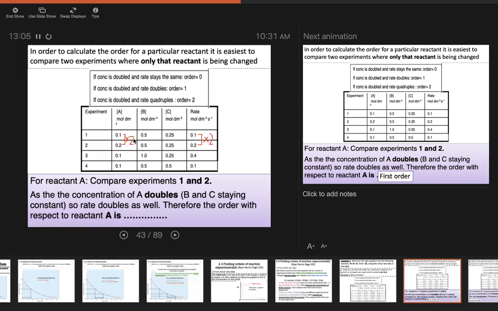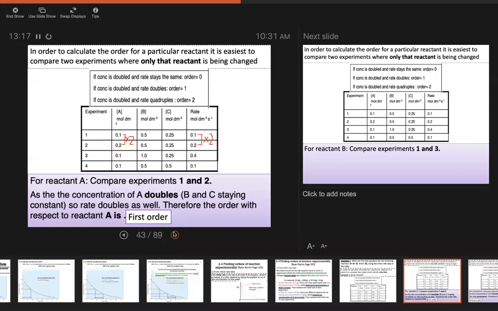Concentration goes up by 2-fold, the rate goes up by 2-fold. So what can you say about the order with respect to A? Zero, first, or second? First order. As the concentration of A doubles, with B and C staying constant, the rate doubles as well. Therefore, the order with respect to reactant A is first order.